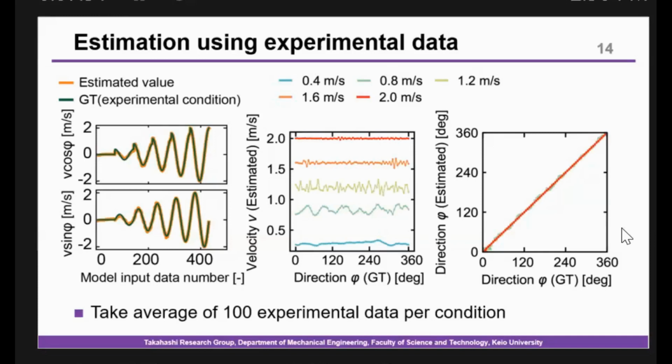Using these outputs, we calculate velocity and direction. This graph shows the estimated velocity compared to the ground truth velocity, and this graph shows the estimated direction compared to the ground truth direction.